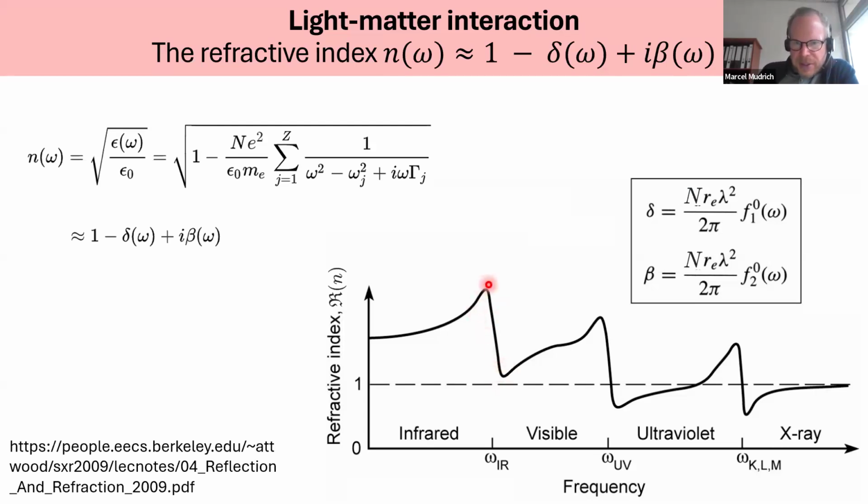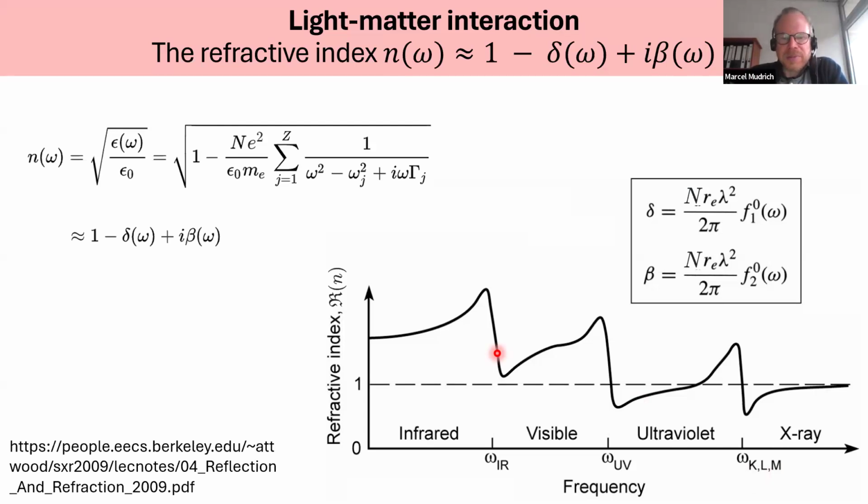So where do these sudden drops, these steps, come from? You can see that they are labeled by omega IR, then omega UV, then omega K, L, M. So what are these frequencies where we have these sharp drops? You would find this for any material more or less in this way.